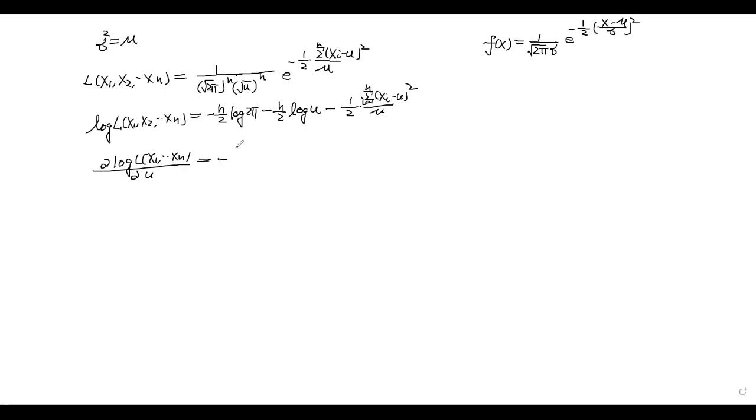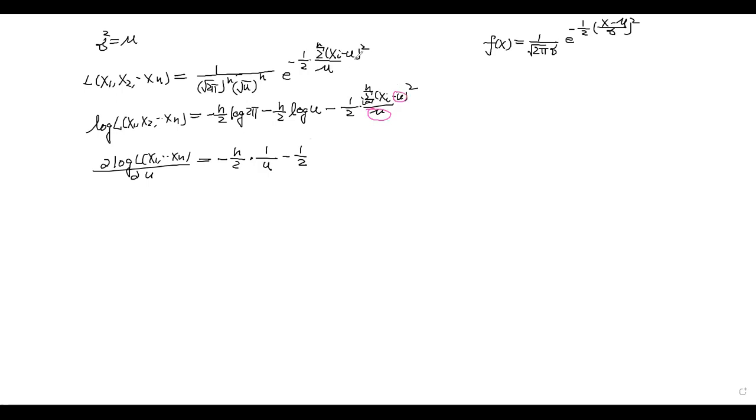The next one is negative n over 2, and the derivative of log mu is 1 over mu. Then the next one is minus 1/2. Here we need to be a little careful, because mu is on the bottom and mu is also on the top.